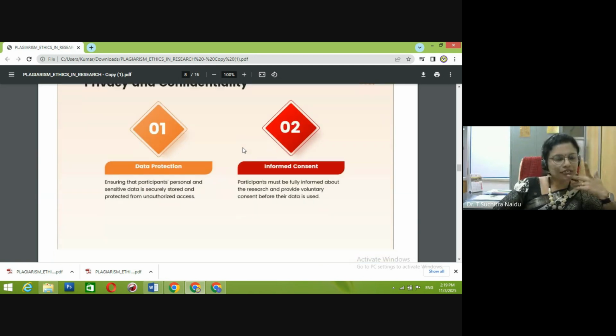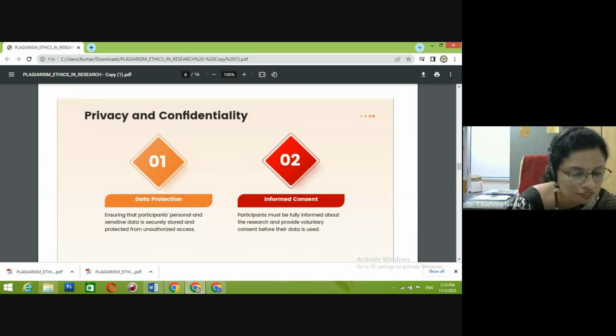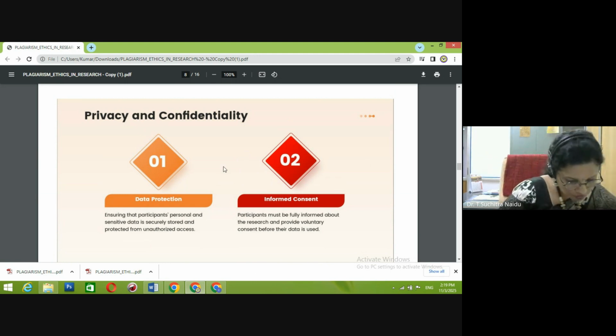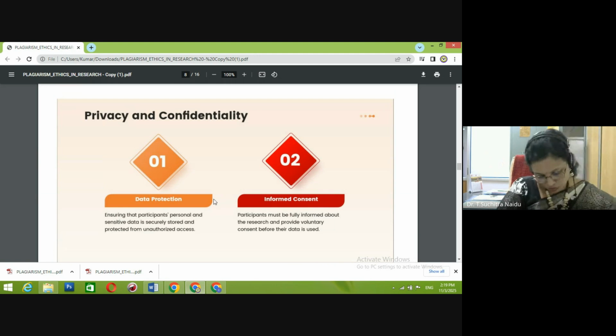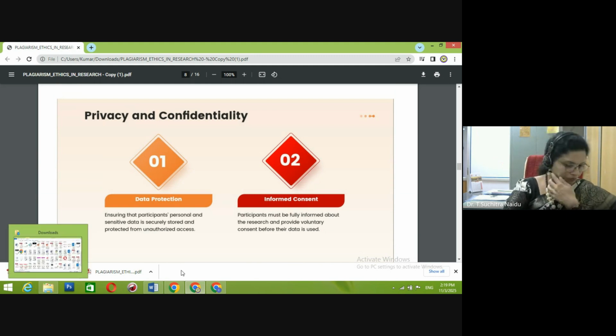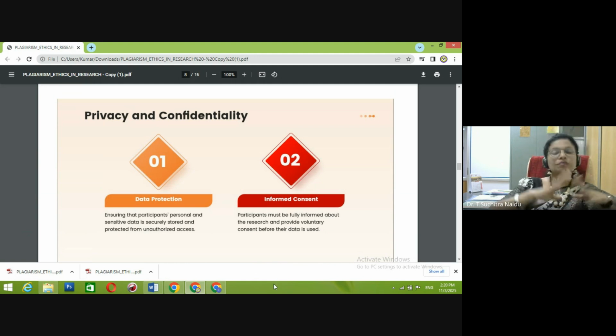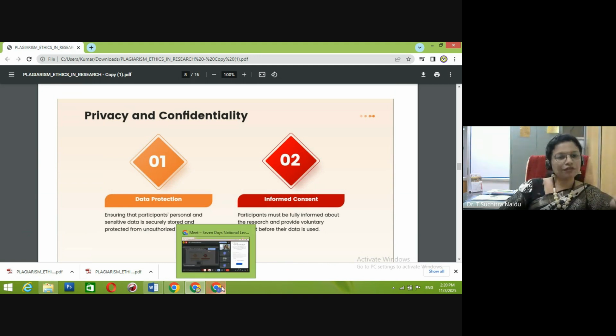Privacy and confidentiality. This is one of the most important things, that is data protection. Here, we ensure that participants' personal and sensitive data is securely stored and protected from unauthorized access. For instance, suppose in a department, we all work together, and suppose you have an HIV patient amongst us.